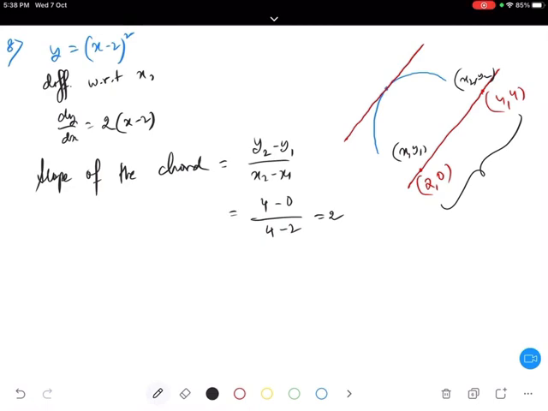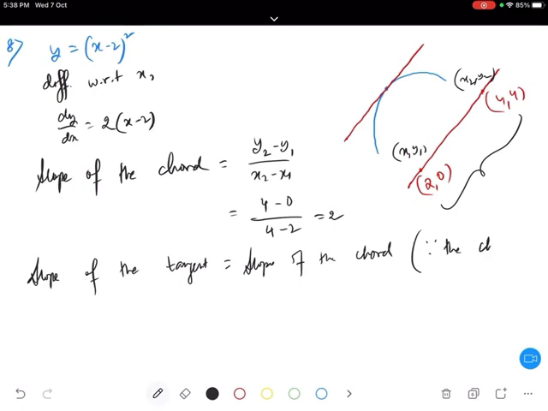So now the slope of the tangent is equal to the slope of the chord, right? Yes or no? So the slope of the tangent is equal to the slope of the chord, since the chord is parallel to the tangent.